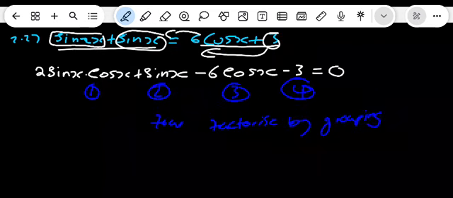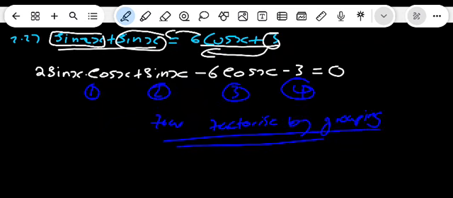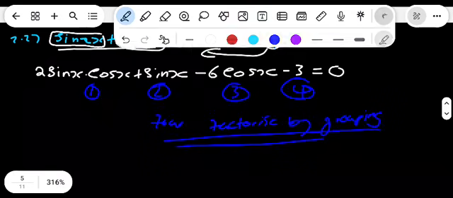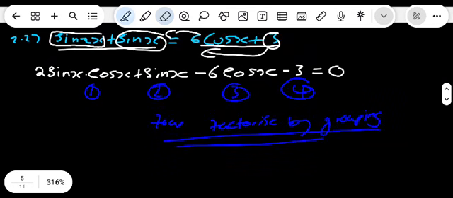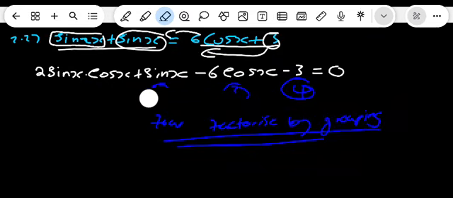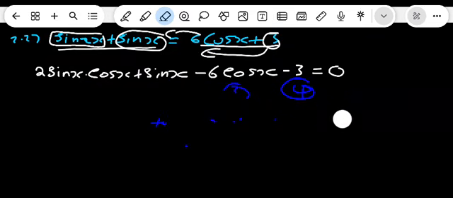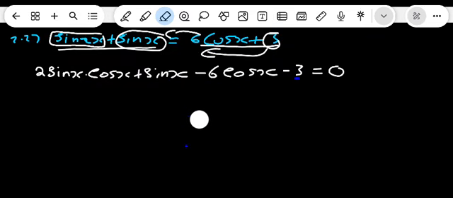Think about it. You must think about factoring by what? By grouping. We have learned to factorize by grouping.